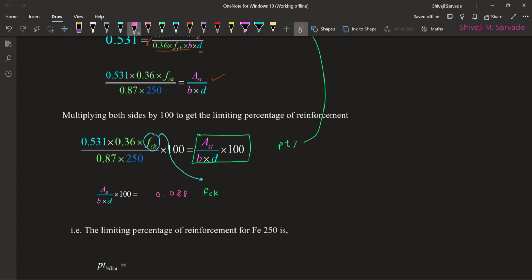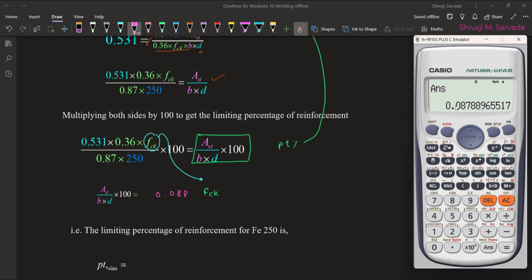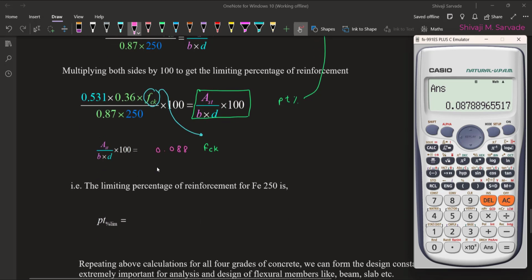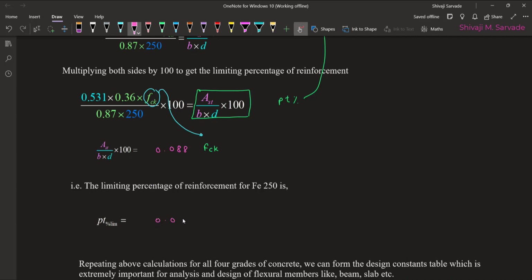So in each design constant we are taking 3 significant digits, and the limiting percentage for Fe250 comes out to be 0.088 into FCK.